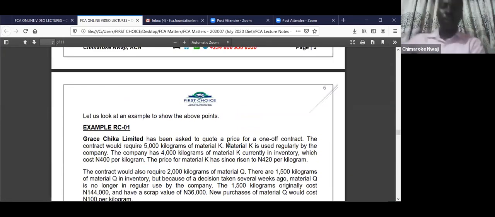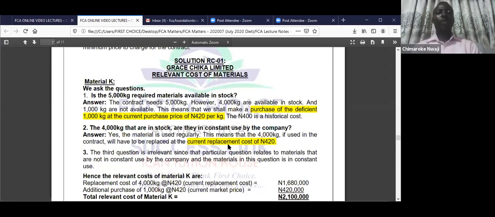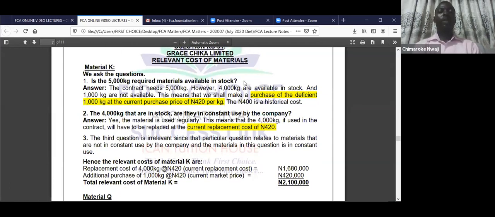Now here comes the solution. I want us to be looking at the question and the solution at the same time. So, relevant cost of material. For material K, we ask the first question.